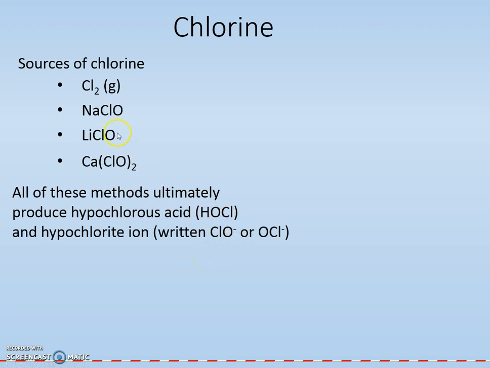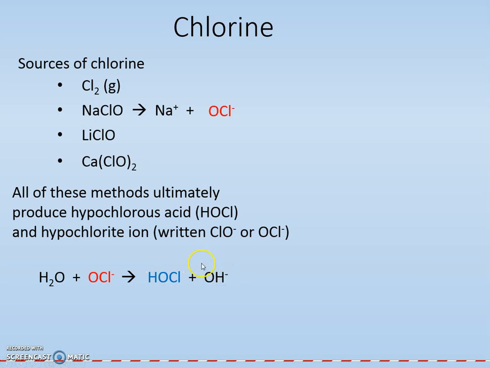Let's look at what happens if we introduce bleach into the pool. So the bleach dissociates into sodium ion and hypochlorite ion. The hypochlorite ion establishes an equilibrium. It functions as a conjugate base, and it pulls a hydrogen from water, creating hypochlorous acid and leaving a hydroxide.